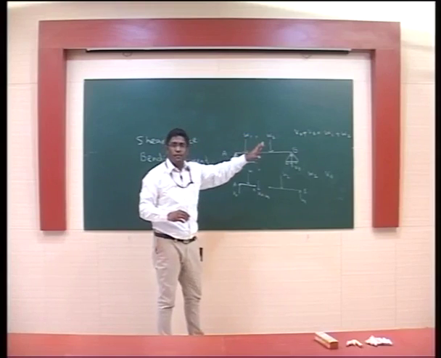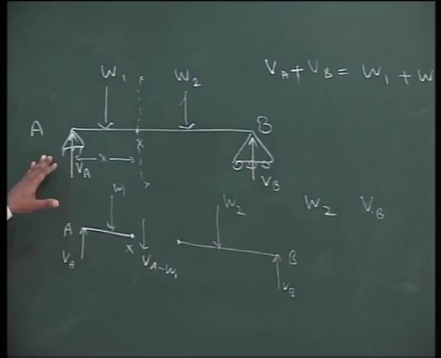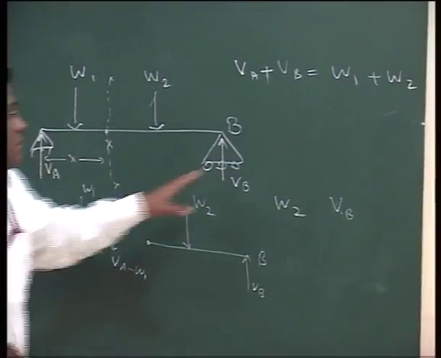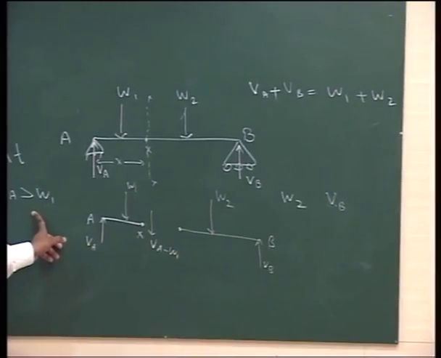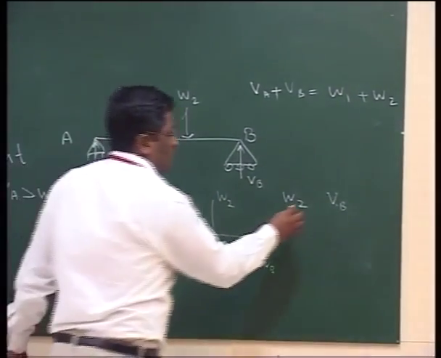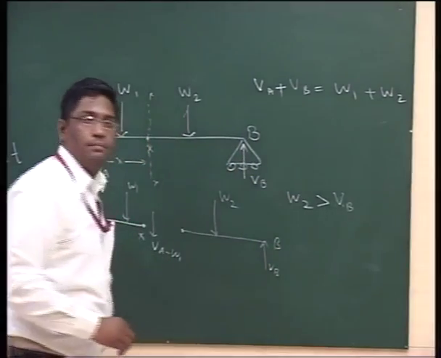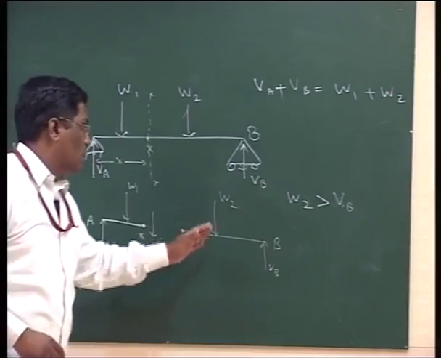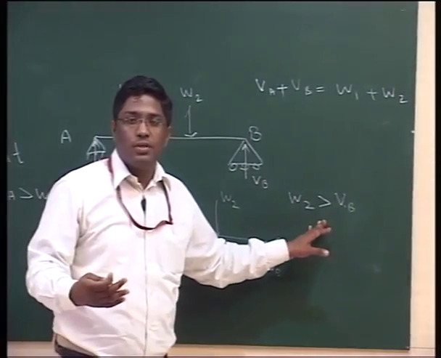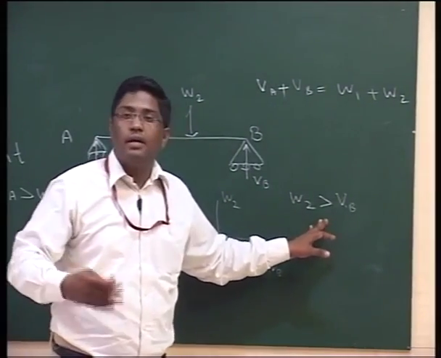It has to be there in order to make this particular beam in equilibrium. So from this equation we can deduce that if VA is greater than W1, then W2 has to be greater than VB.